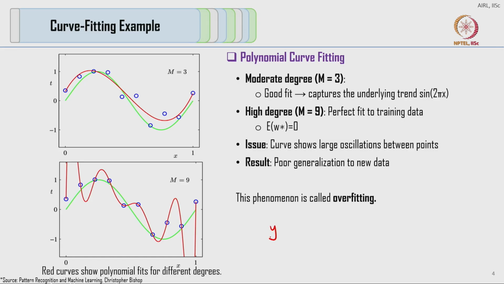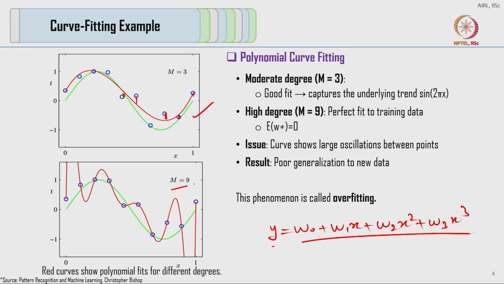Now this is also something we had observed in our lecture, where for m is equals to 3, that is y is given as w0 plus w1 x plus w2 x square plus w3 x cube. If we have a curve like this, essentially the fit is pretty accurate. Although it is noisy, it is supposed to be noisy, but we can observe that in this particular case the error that we would calculate, which is the vertical distances from the ground truth, would essentially be very low compared to an example of m is equals to 9.